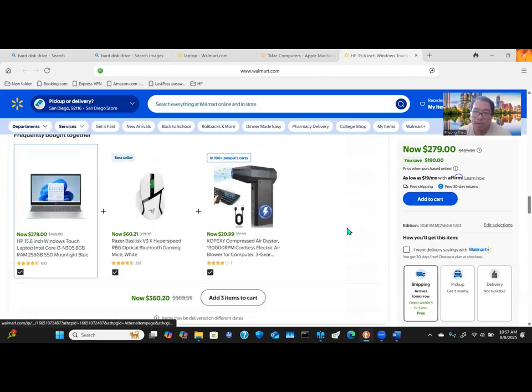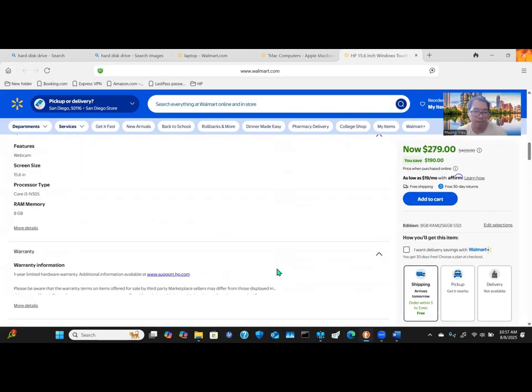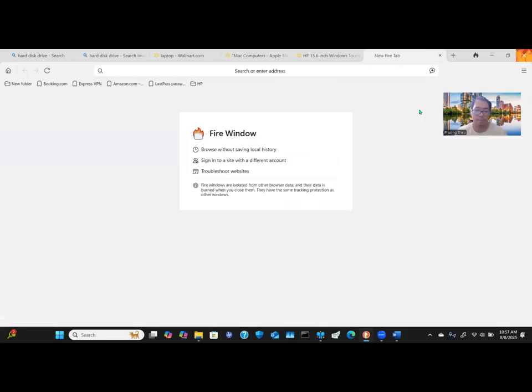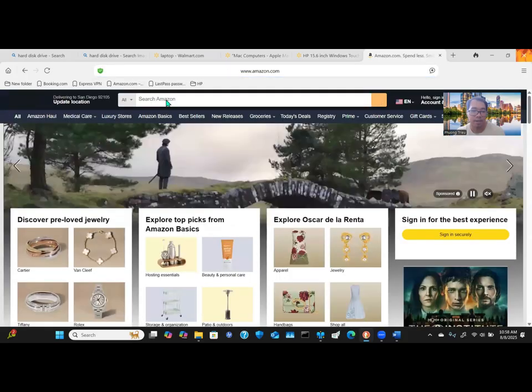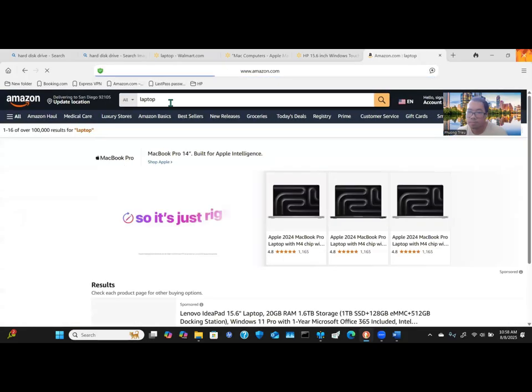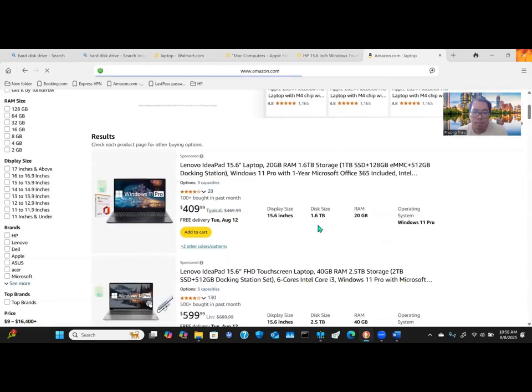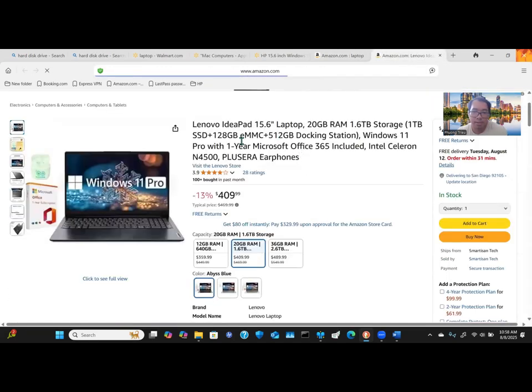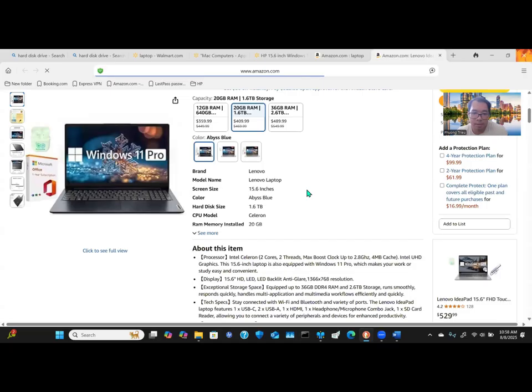I don't actually see any information about the hard disk drive on these laptops. Let me see if laptops from Amazon provide information about hard disk drive. For this Lenovo, let's see if we can see any hard disk drive information.